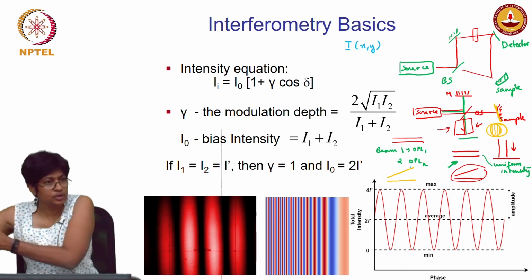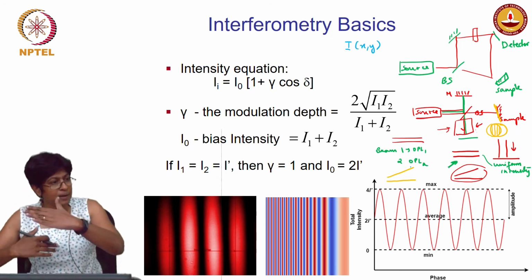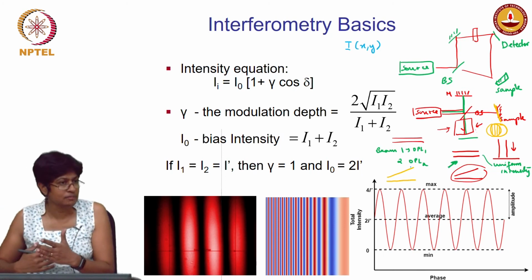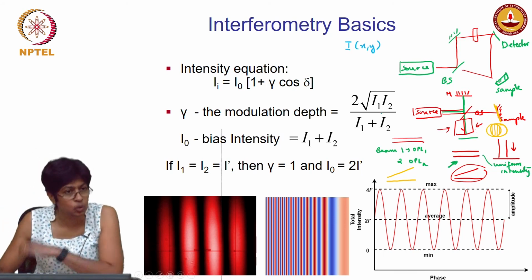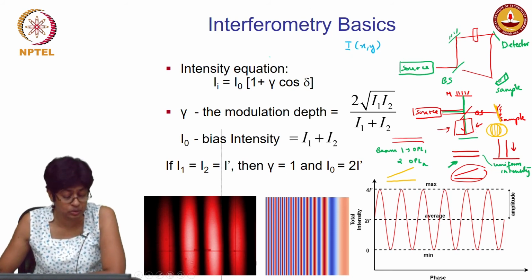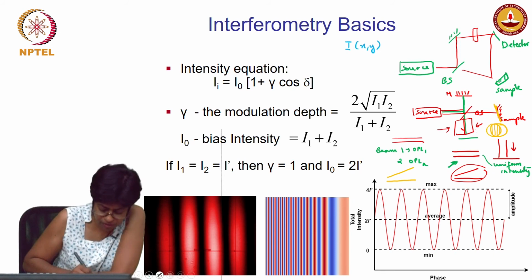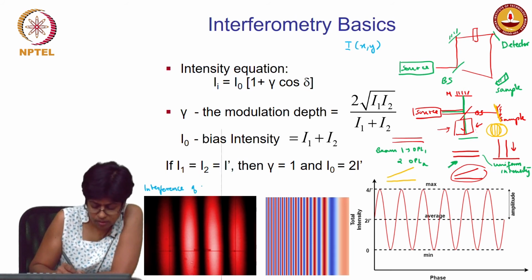And that is just going to repeat because the optical path length is varying in a linear way, right? So periodically the fringes or the locations of constructive interference would happen. So you can imagine that this is nothing but the interference of two tilted plane waves.